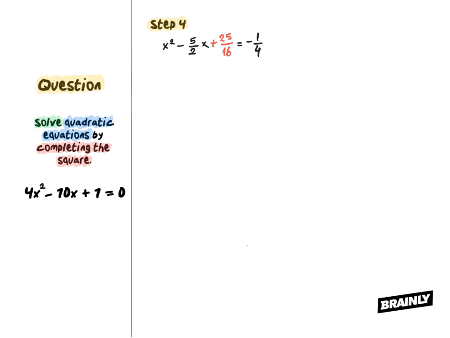I'm also gonna add 25 over 16 to the right side. So again, the idea on the left side is we can write this as something squared, and we are gonna take the square root of both sides. To get the x squared, I'm gonna need an x again.